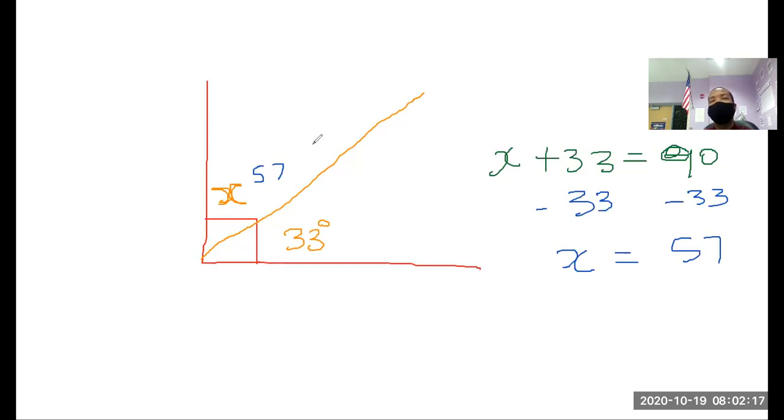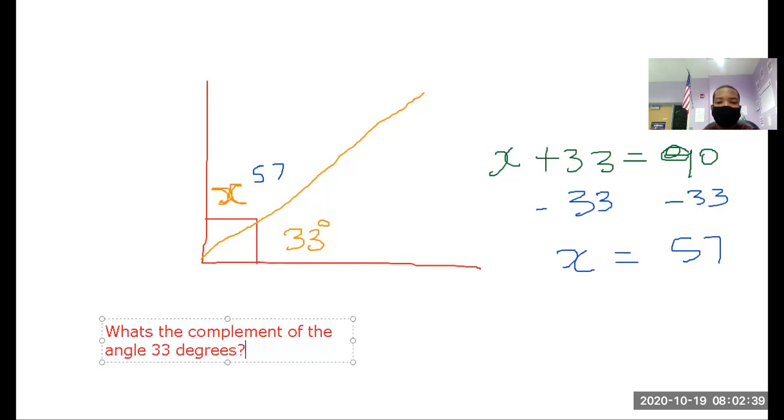So these two angles are complementary. I could also ask you, what's the complement of 33 degrees? Then the answer would be 57 degrees.